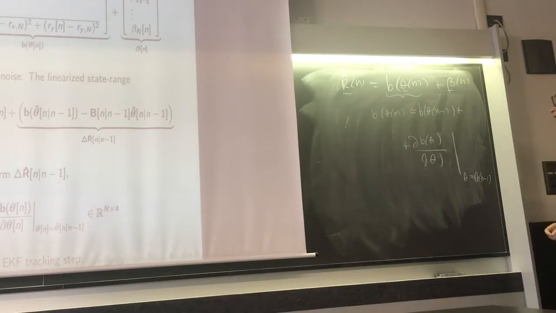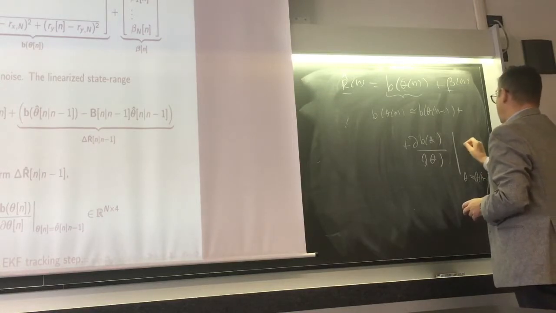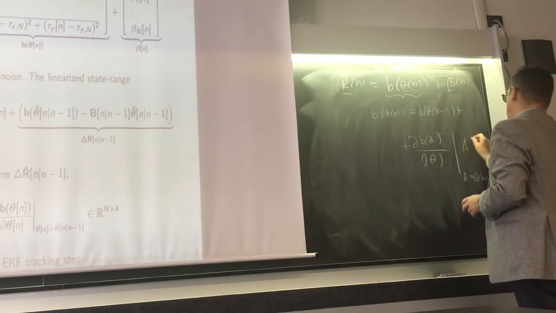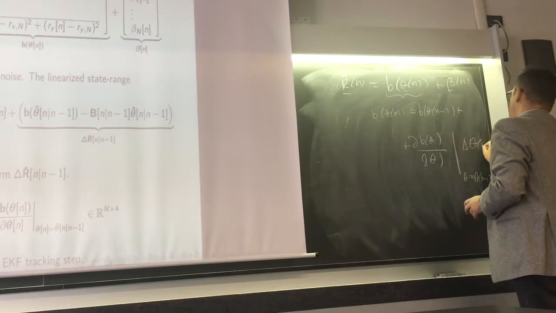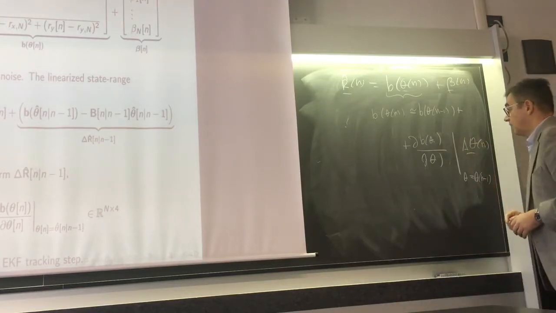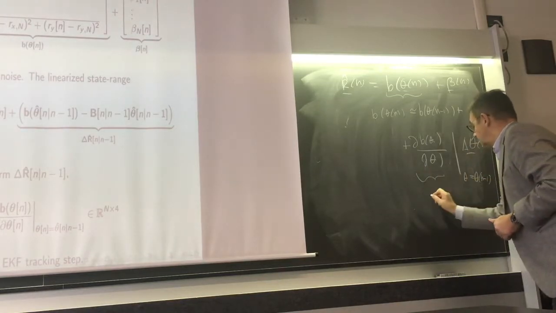So what I do, I linearize with respect to the previous iteration, then multiply by delta theta n, which is the vector. This one is the gradient.